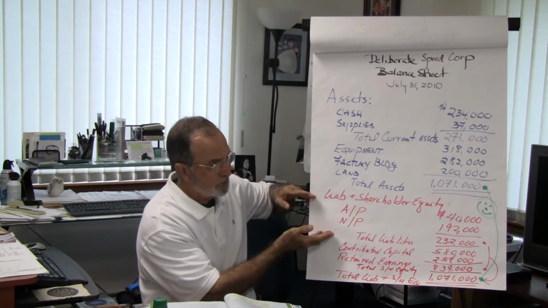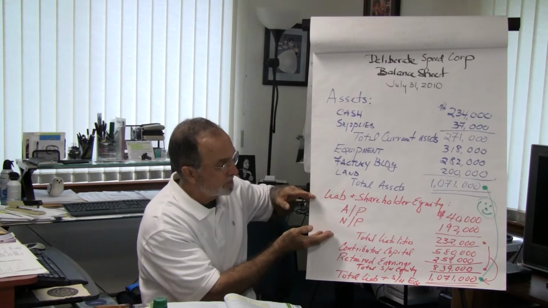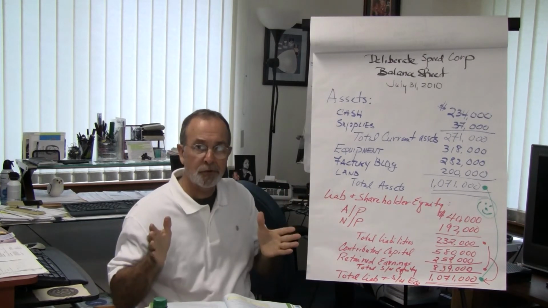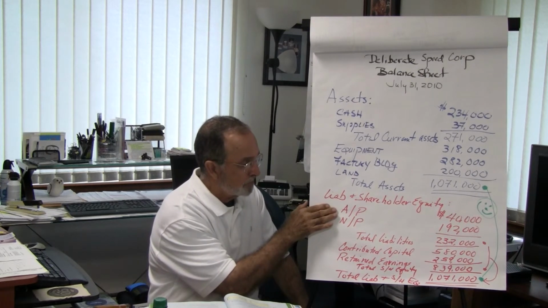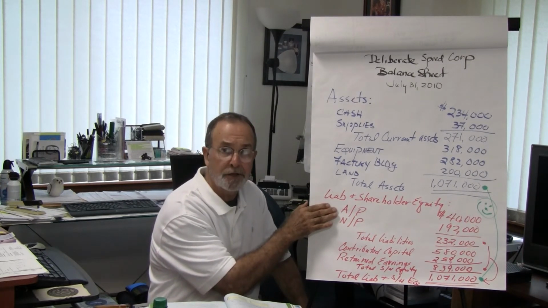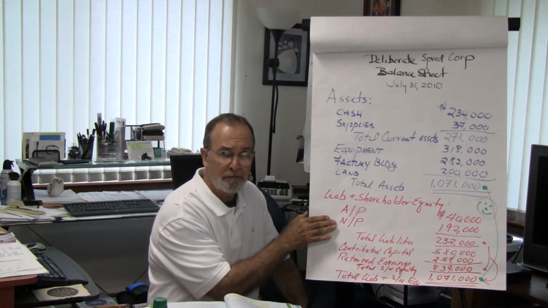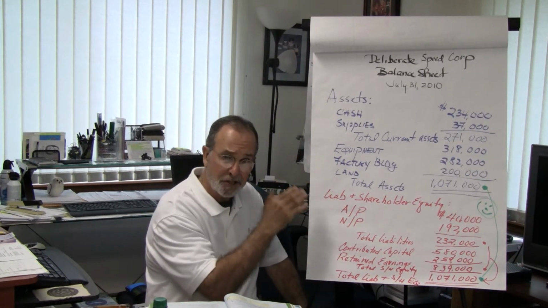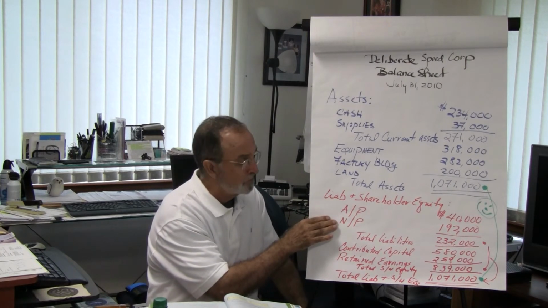What makes a liability long-term versus not long-term or current? Well, the magic time period is 1 year. If we expect a liability to be paid off in a period of a year or less, that liability is considered current. If we expect a liability to be paid off in periods exceeding 1 year, then that liability is considered long-term.